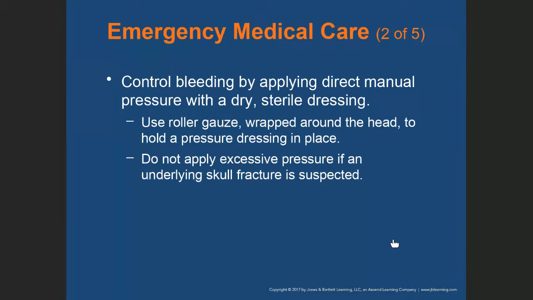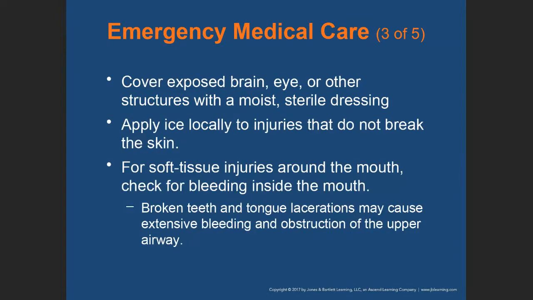When you're bandaging the head, you don't want to wrap too tight. You want to wrap enough to keep the dressing in place, but not too tight because swelling may occur. So you have to leave some room for swelling to occur. Do not apply excessive pressure if an underlying skull fracture is suspected.